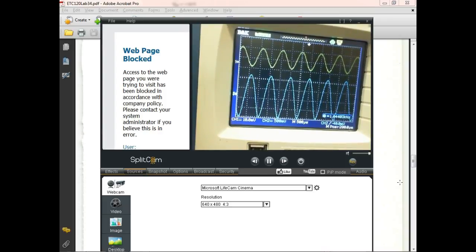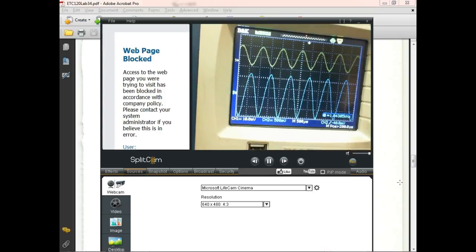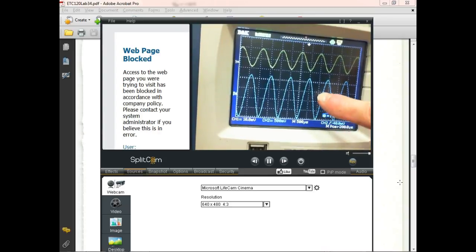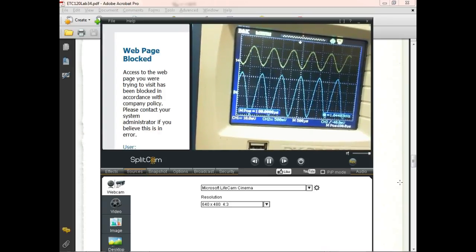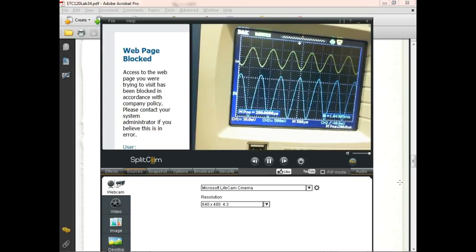What's the gain? The load is open. So I've got 1, 2, 3, 4.4 divisions on my output.